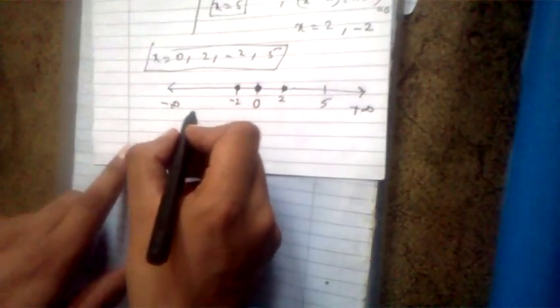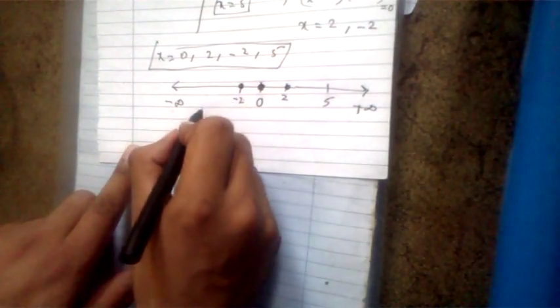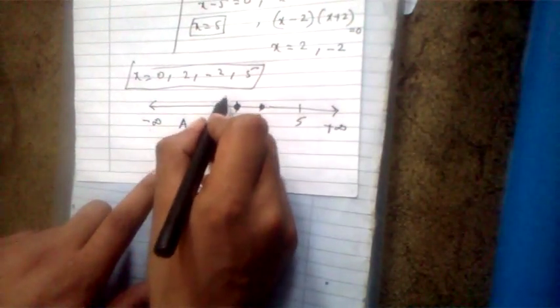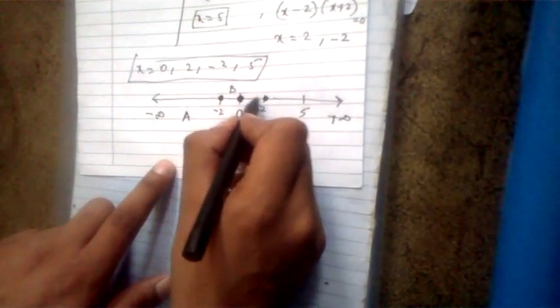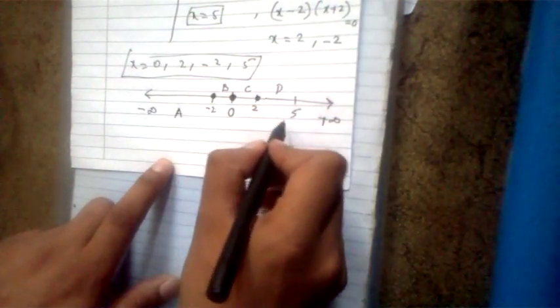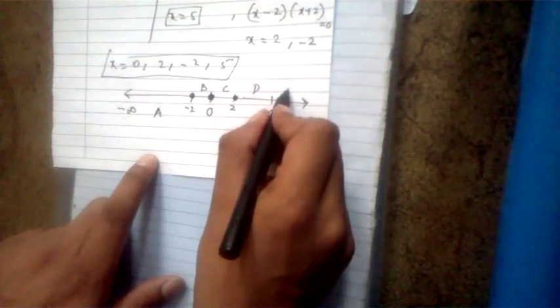So the regions are region A from minus infinity to minus 2. This is region A, and region B is from minus 2 to 0. Region C is from 0 to positive 2. Region D is from 2 to 5, and region E is from 5 to positive infinity.